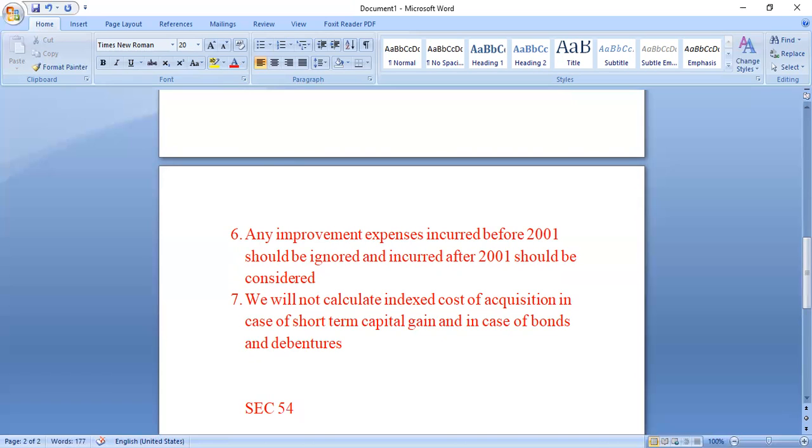Section 54 says, I'll describe briefly in a nutshell. Now it is section 54.